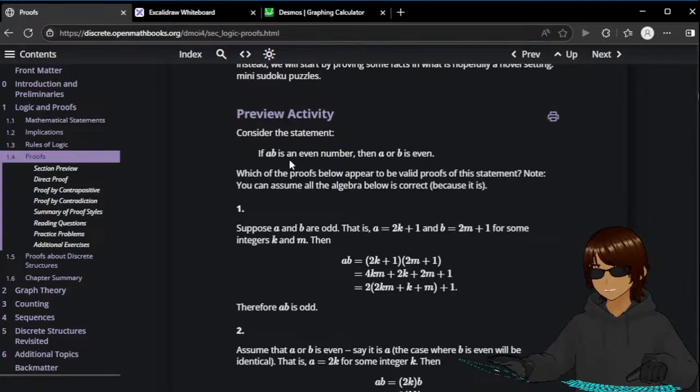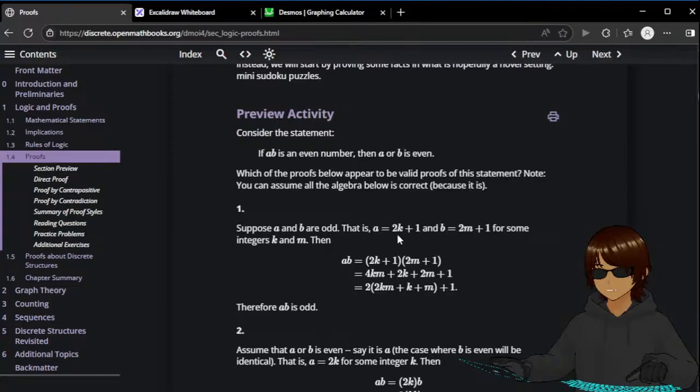Consider the statement: if AB is an even number, then A or B is even. Which of the proofs below appear to be valid proofs of this statement? Note, you can assume all the algebra below is correct. Suppose A and B are odd.